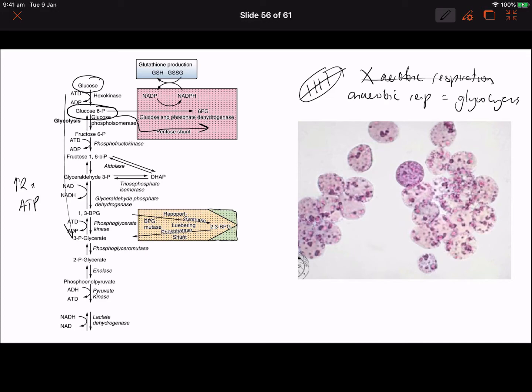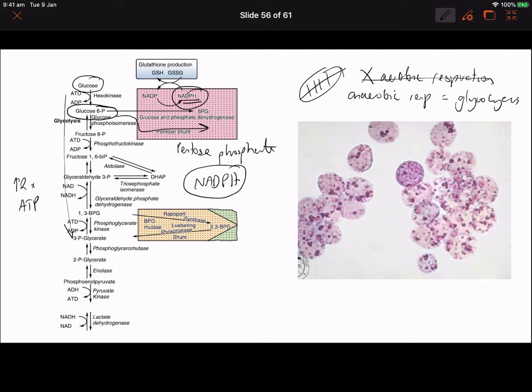Now, the fundamental importance of the pentose phosphate shunt is that it is the only way for the red cell to produce NADPH. The reason NADPH is so important is that this is, again, an electron-rich molecule, much like NADH, much like FADH2, which we learned about very briefly in a talk on aerobic respiration.